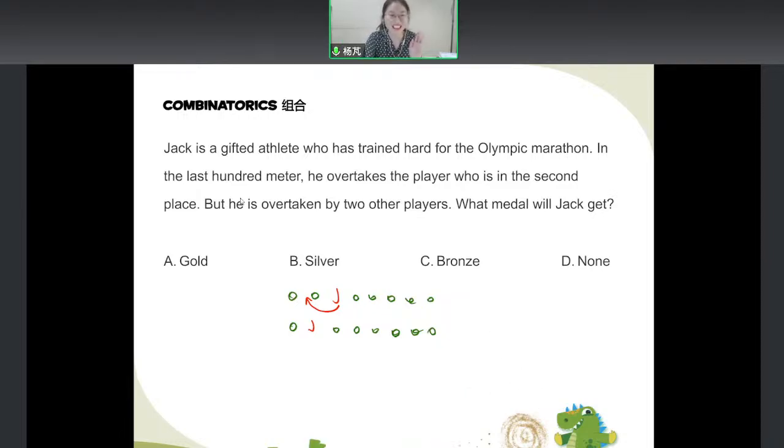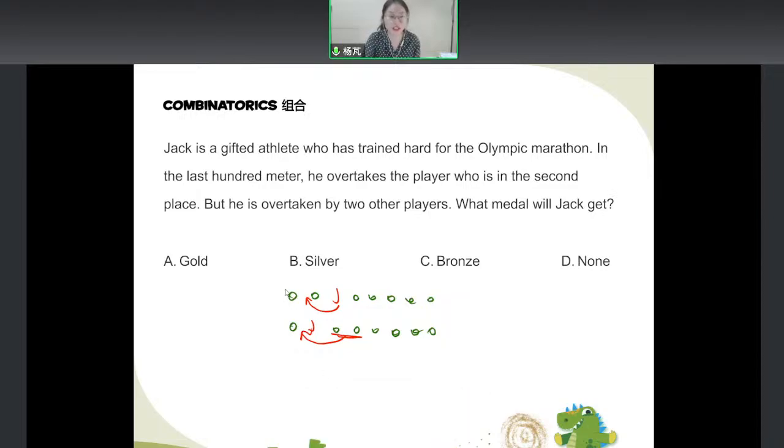It says he is overtaken by 2 other players. If the 2 people behind him overtake him, where is he? Then where is he? Is he in the third place? No, 2 people in front of him.